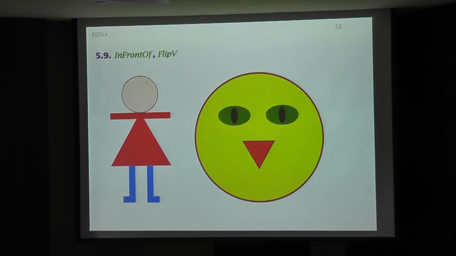But to draw this chicken, I needed an upside down triangle. And how do I make an upside down triangle? I've only got a right way up triangle, so I haven't got a way of doing that. But let me extend my language again. Let me add another constructor, so as well as above, beside, and in front of, I'll have flip V, which is a vertical flip of a picture. So then I can make a vertically flipped triangle.